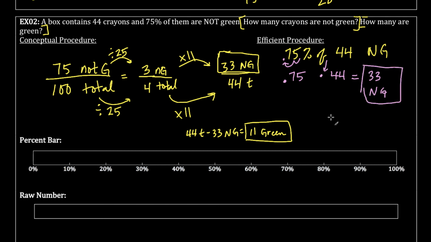If you want to show this part, you don't have to redo it because we kind of repeated it there. But if you take the 44 total and take away the 33 that were not green, then we get the 11 that were green.